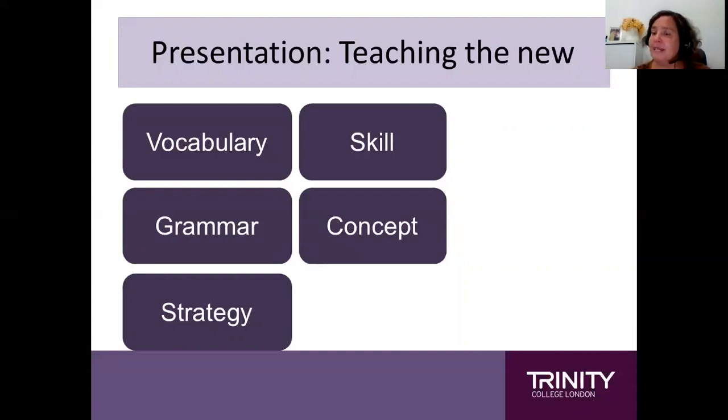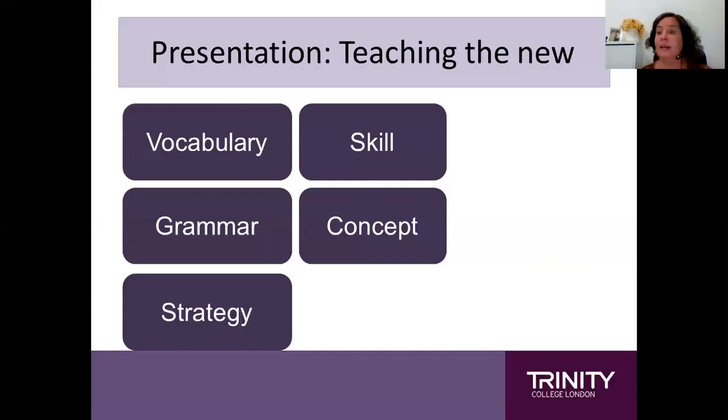But as I said several times so far, this workshop is about analyzing all the different scenarios and understanding that this time we will probably have to present something new remotely to students who are very anxious and uncertain, and so are their families. So today we are going to discuss the very many considerations that we need to pay attention to when it comes to presenting the new remotely.